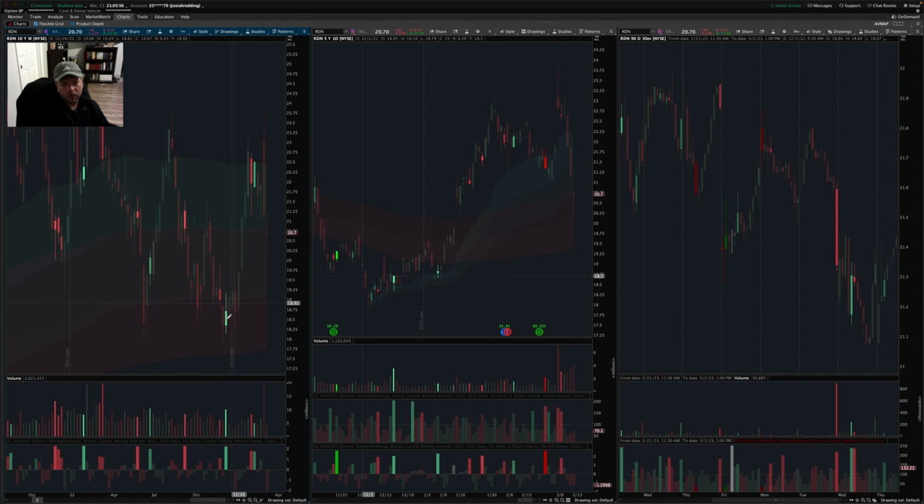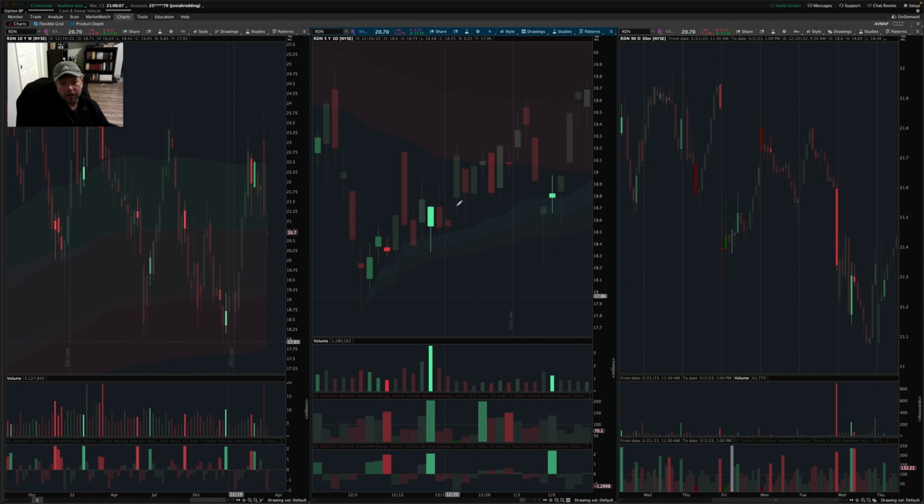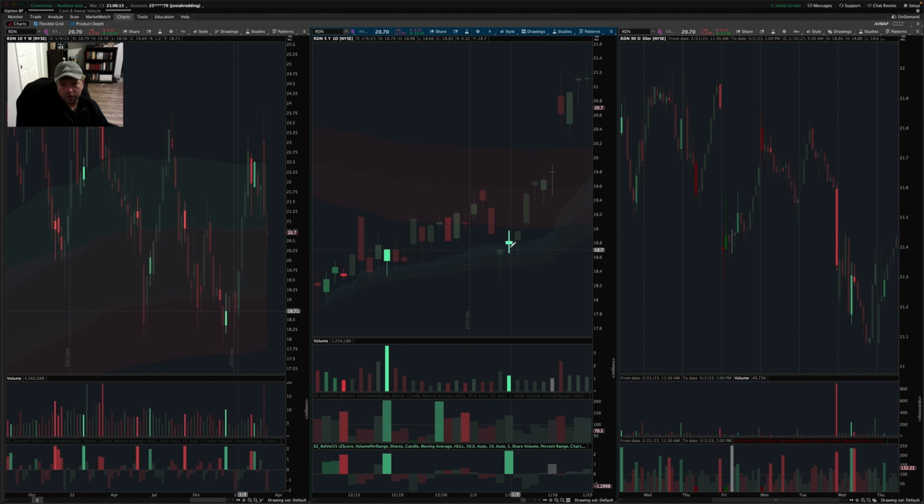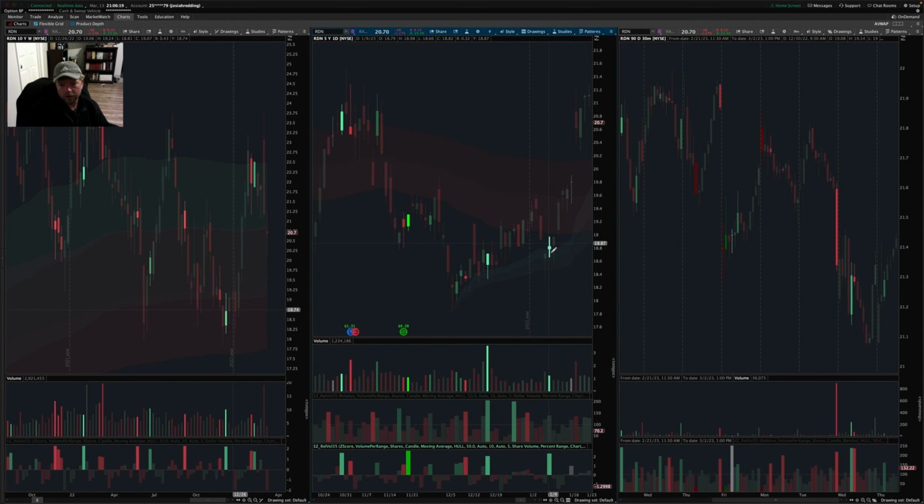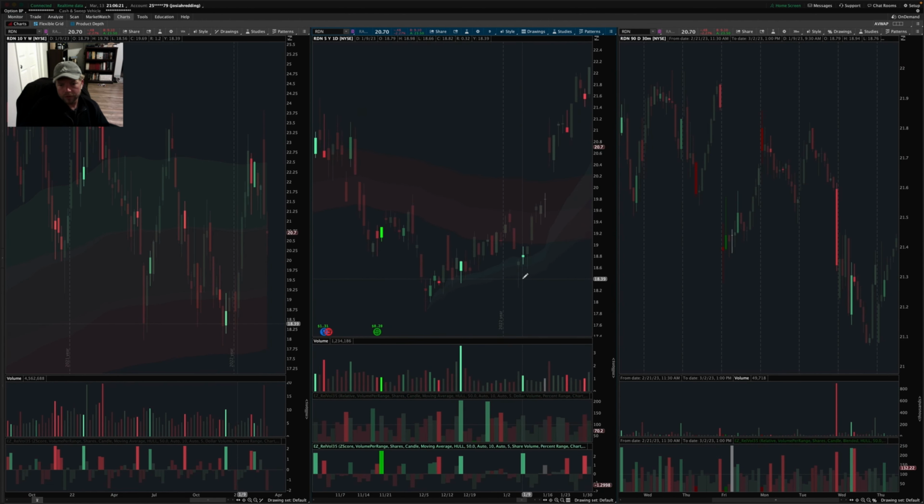You can see down here during this range, we had a weekly signal come in, indicating there was some support here. Then on the daily, after the range had developed a little further, we had another highlight come in, telling us that there was some support down here near these lows.